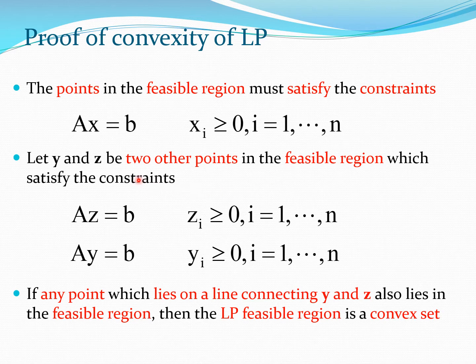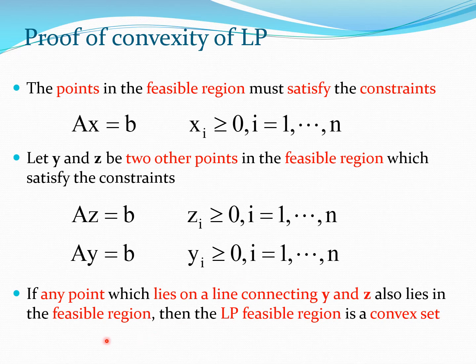Now let us say y and z are two different points in the feasible region which satisfy the constraints Az equals b, Ay equals b, where again the non-negativity constraints apply to both these variables.